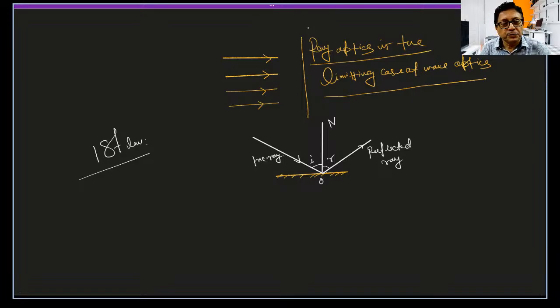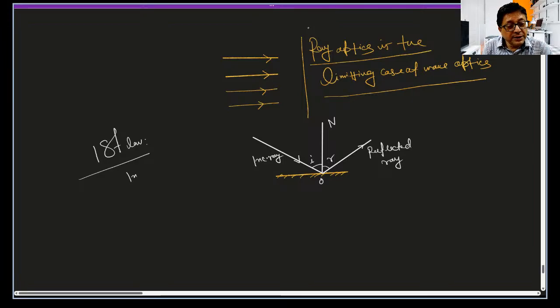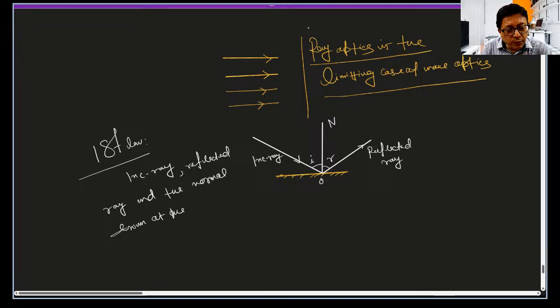The first law: the incident ray, the reflected ray, and the normal drawn at the point of incidence lie in the same plane.